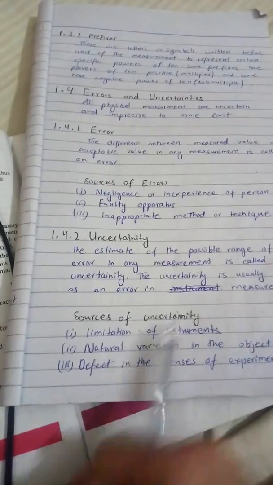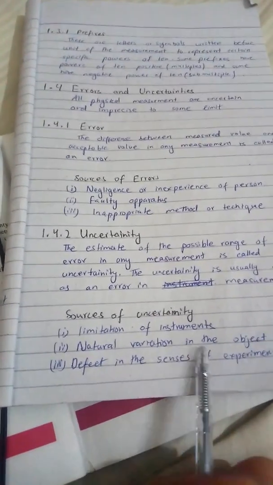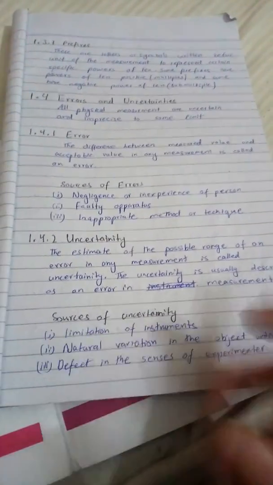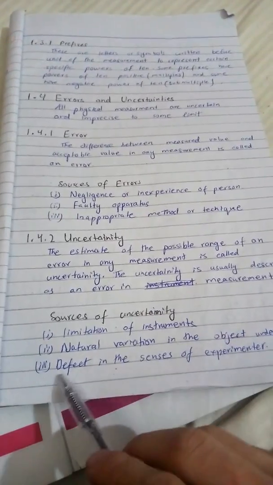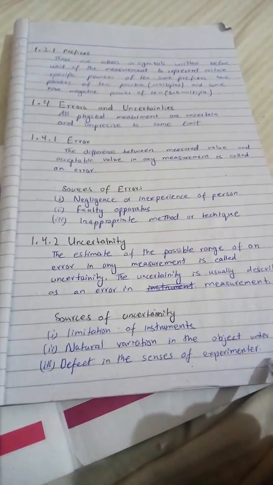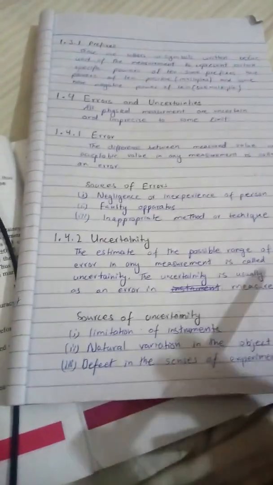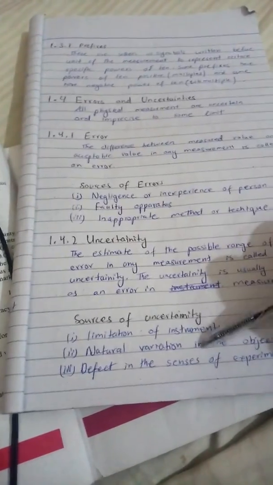Uncertainty can be caused by natural variables which affect the measurement. It is also caused by an untrained or inexperienced experimenter. So remember these in mind. These are very simple notes.